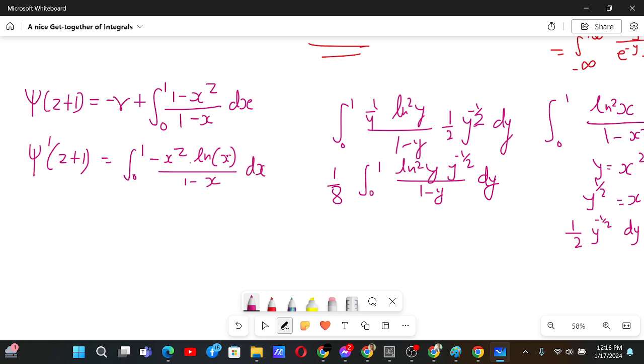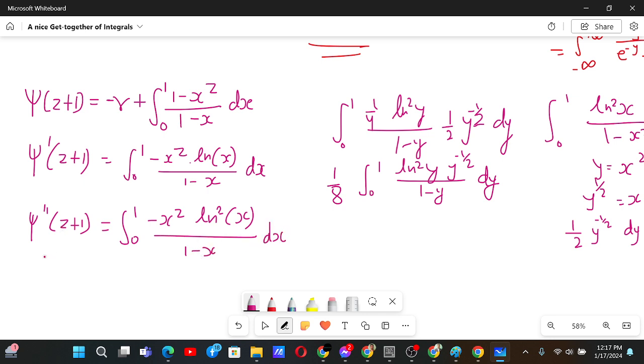Now we already have ln x, but we need ln square x. So let's differentiate again. The double derivative of the digamma function is the integral from 0 to 1, again minus x to the power z times ln x will be there, so there are 2 ln x, which makes it ln square x by 1 minus x dx.